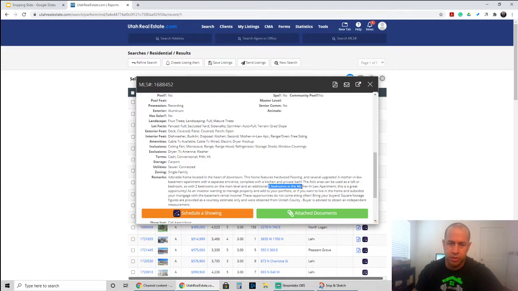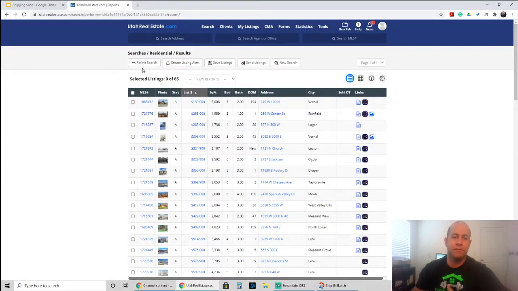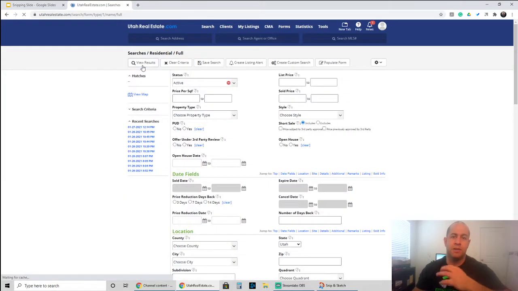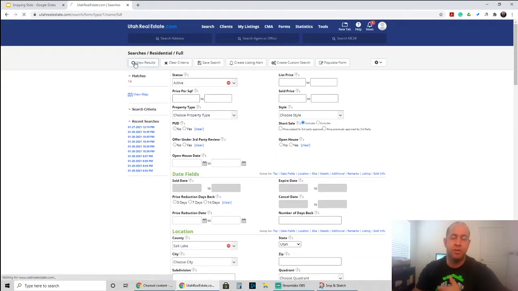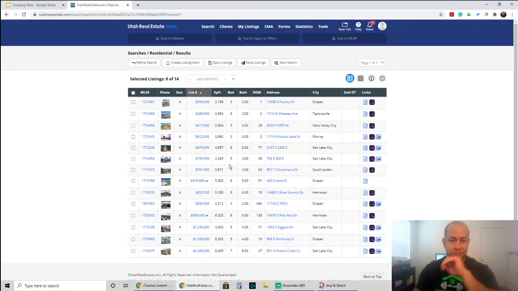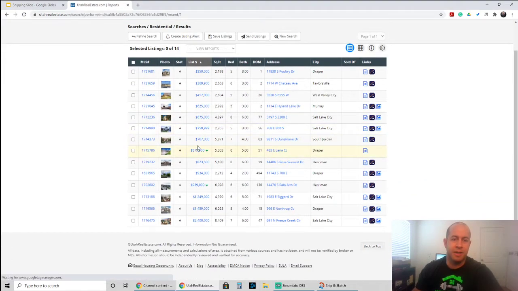This has an additional 2 bedrooms in the mother-in-law apartment. Sweet. So this is a very effective way to find the mother-in-law specific listings. Of course, you could turn this down and go to Salt Lake. There's only 14, so that's pretty low.